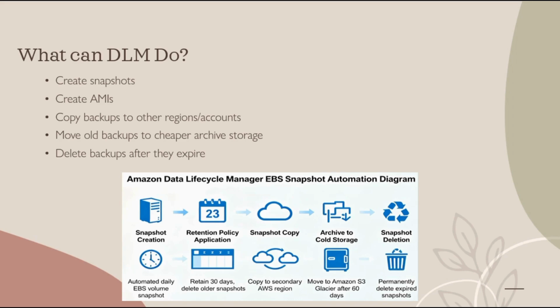It will help if any disaster happens at the regional level or the availability zone level. And we can also move the older backup data to the cheaper storage tier to save the cost and space. And finally, the DLM will also automatically delete the backups after they expire.